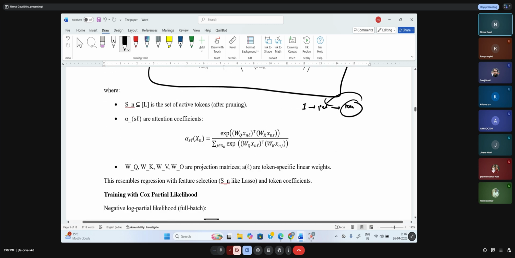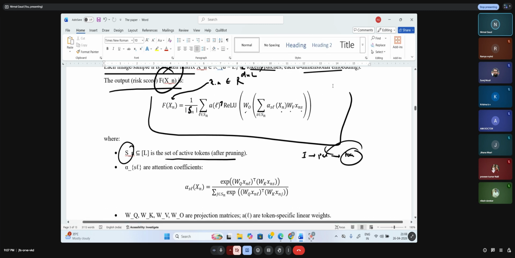The formula: Sn is the set of active tokens after pruning. So they perform pruning of the tokens. These are the tokens which are left after pruning.